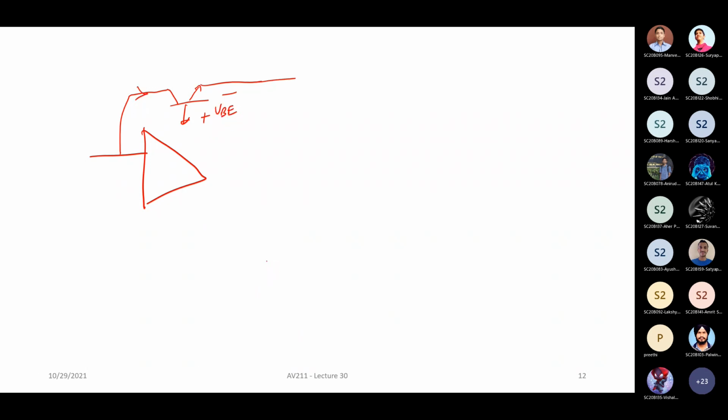If you're pumping some current into this thing, there is a certain VBE that develops across the base-emitter junction of your transistor. And this also acts as a circuit which has a logarithmic response.